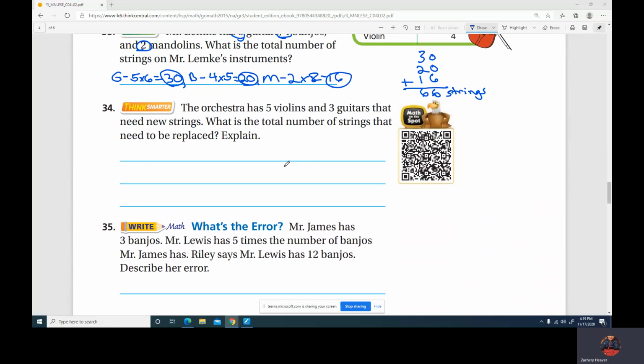The Think Smarter question. The orchestra has 5 violins, 3 guitars that need new strings. What is the total number of strings that need to be replaced? Well, let's find violins, and then let's find guitars. Violins, they have 5 of them, and guitars, they have 3 of them.